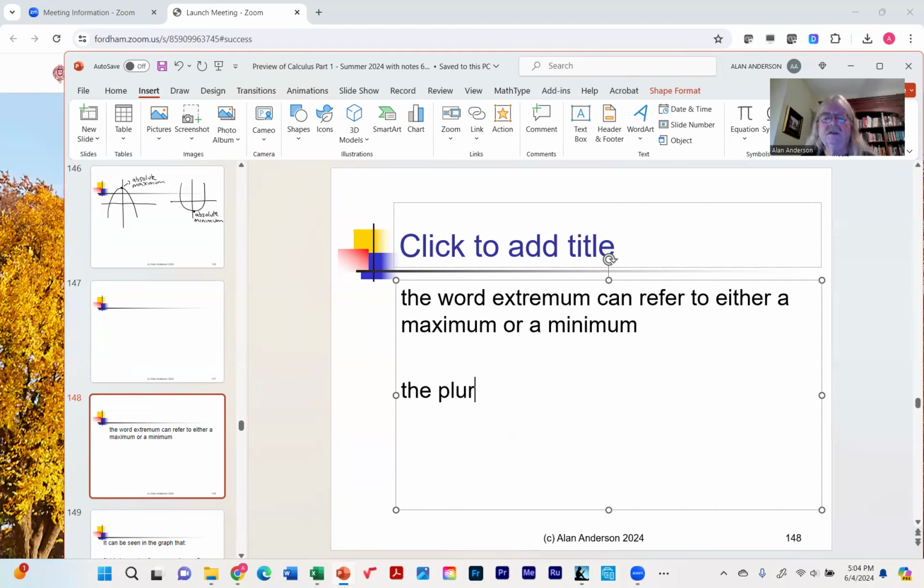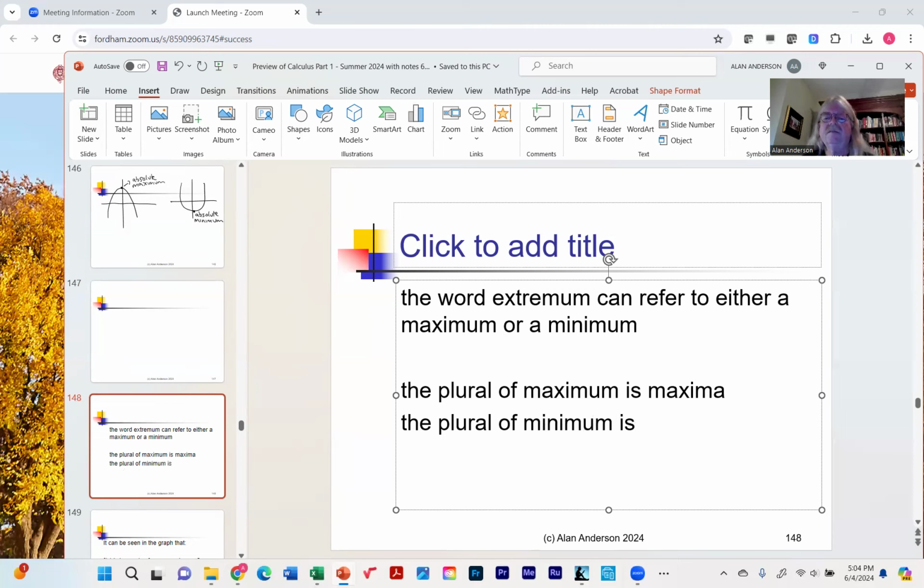The plural of maximum is maxima. Again, that's because it's Latin. The plural of minimum is, as you can imagine, minima. And then the plural of extremum is extrema. I just want to throw that out there because it's easy to get confused.